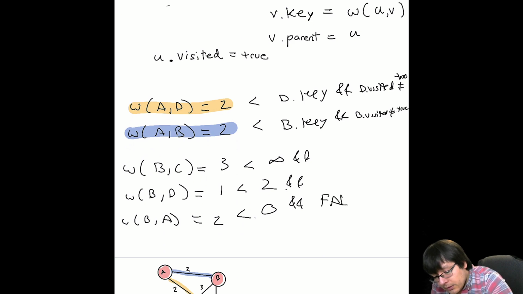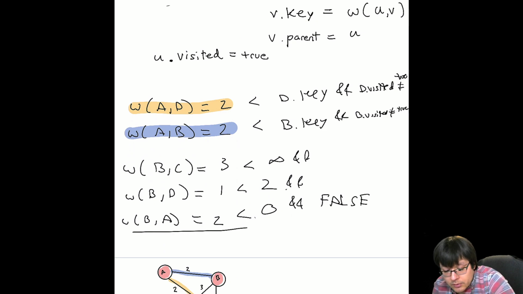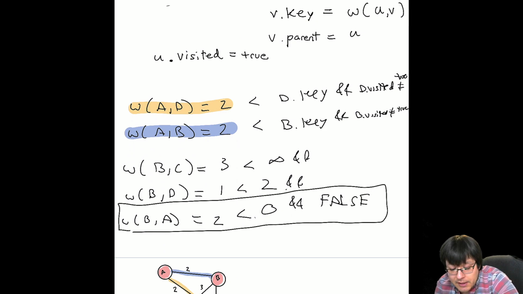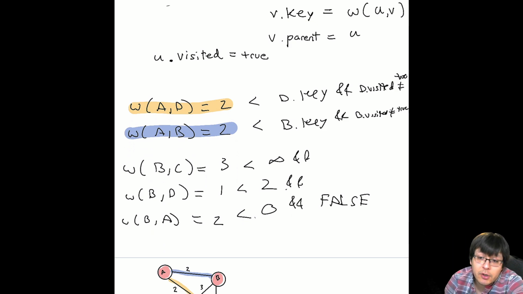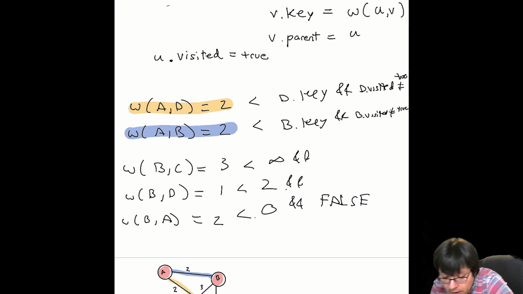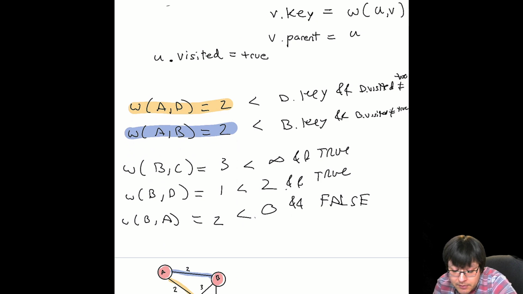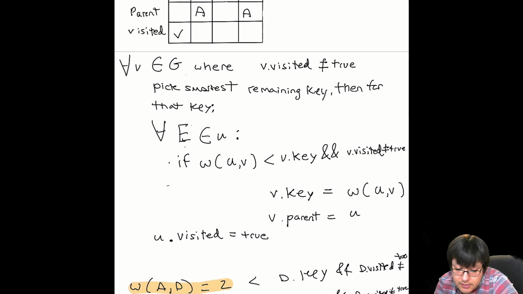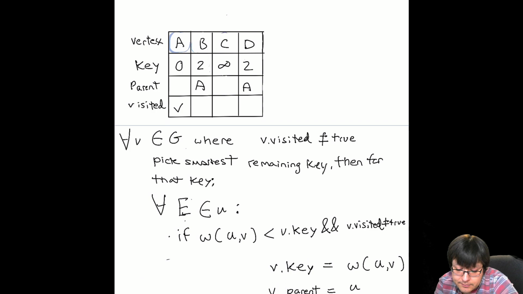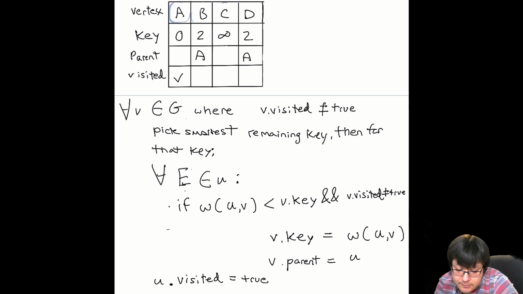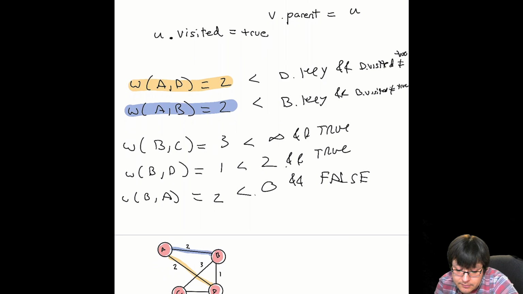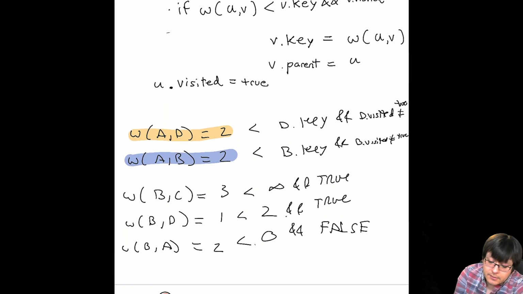And because this evaluates to false, we stop working on this one, so we don't even mess with it. I mean, I know this evaluated to false in the first place, but had it not, we stop. Otherwise, we will make a mistake. For the others, however, they do evaluate to true, because they have not been visited yet. And both of them actually will get updated. So let's do that.